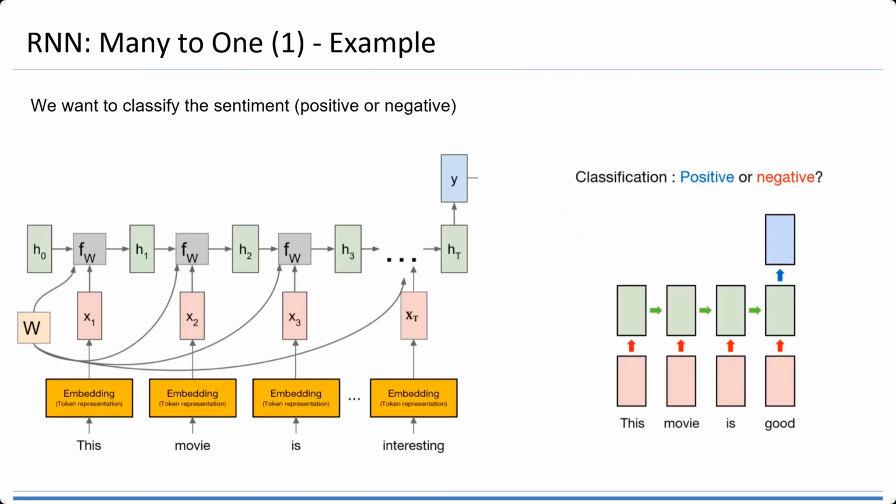So what is the difference? The difference is that here we predict the output after we finish every step. In the previous one, we only predicted at the end whether it is positive or negative.